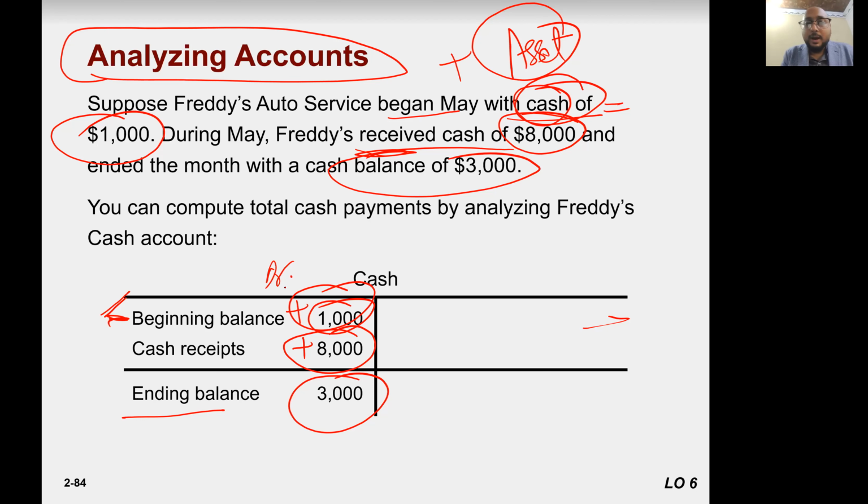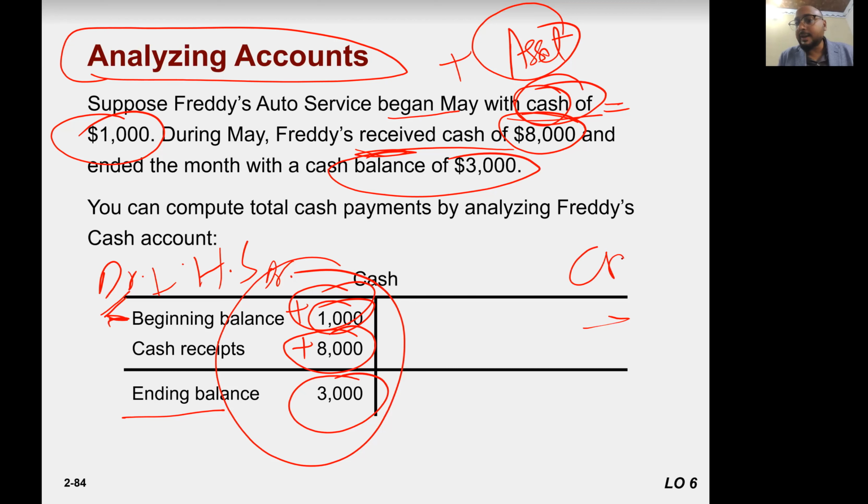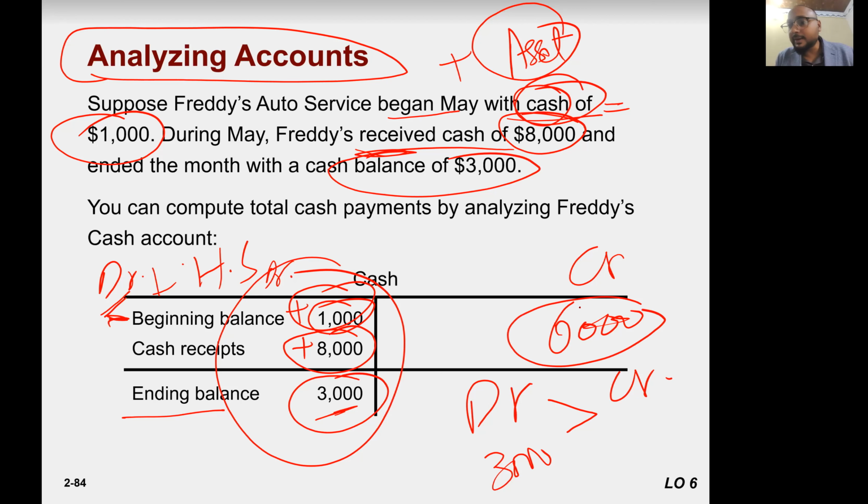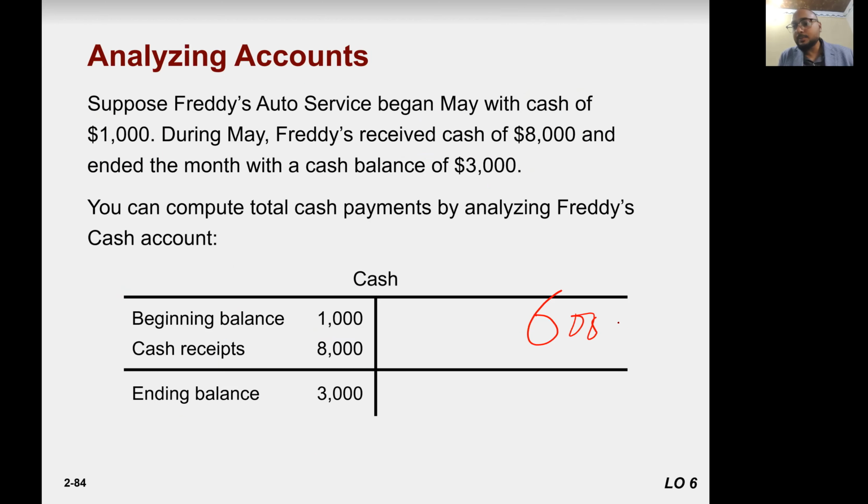So if you are given all the left hand side, can you find out the credit side here? What does it mean? It means the debit side is 3000 greater than the credit side. So how much is here? If there is 6000 in credit, then the ending balance would be 3000.